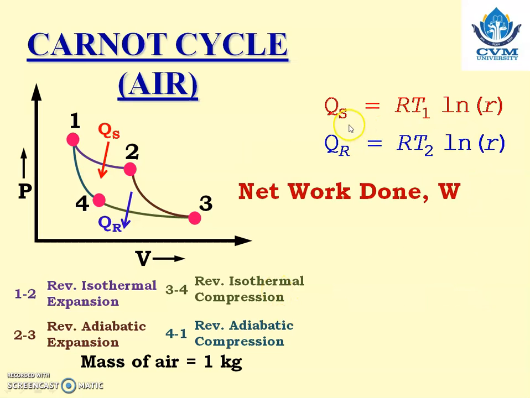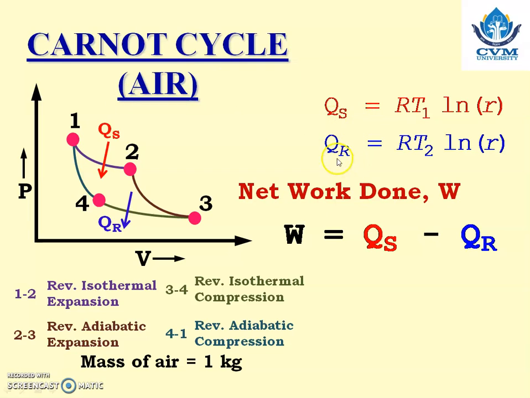So now we have got the equation of QS and QR. So net work done equation that we have studied in the fundamental of prime mover and heat engine is QS minus QR. Now using this equation, let us derive the equation of net work done for Carnot cycle having air as a working medium.